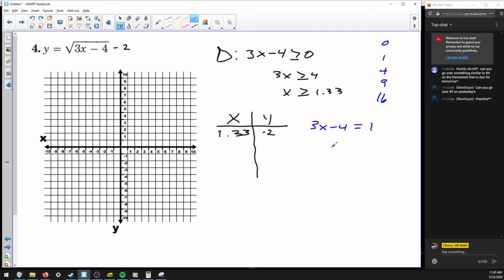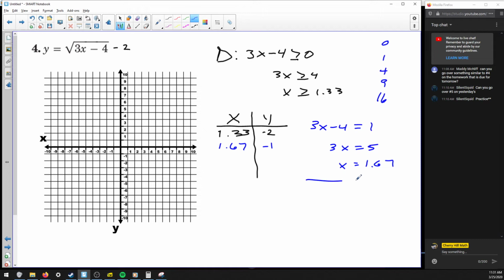So if I add 4 over, that's going to be that 3x is equal to 5, and x is equal to 5/3, which I'm going to write as about 1.67. So when I plug in 1.67, or 5/3, I'm going to get a 1 out. And if I square root 1, that makes this a 1. 1 minus 2 is negative 1.